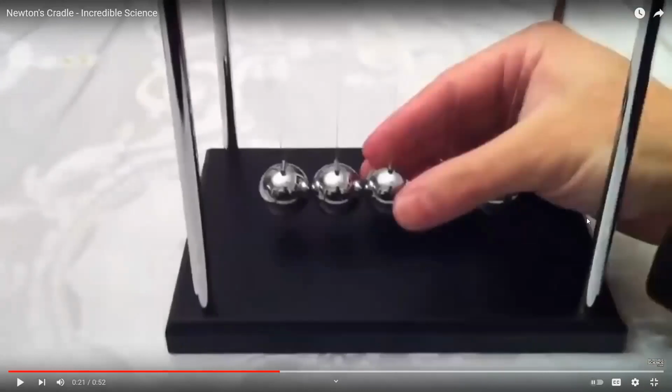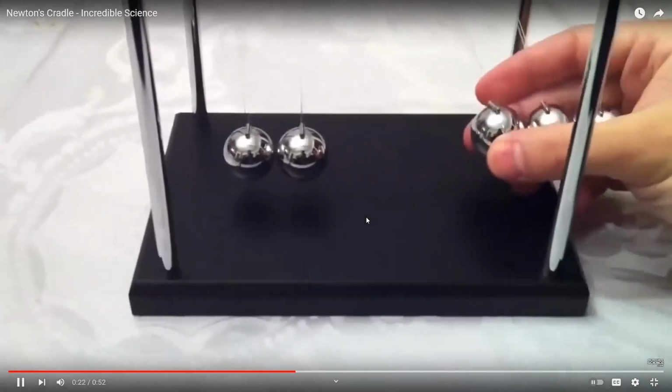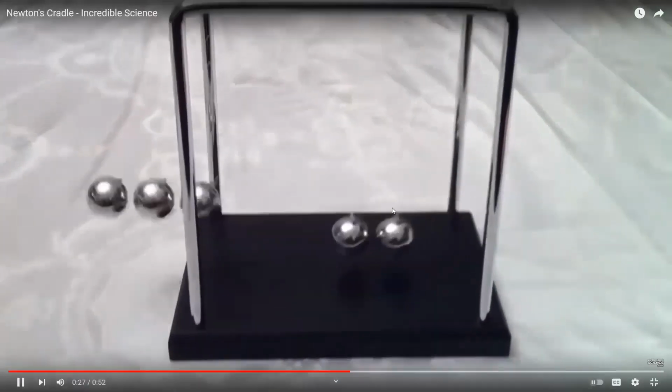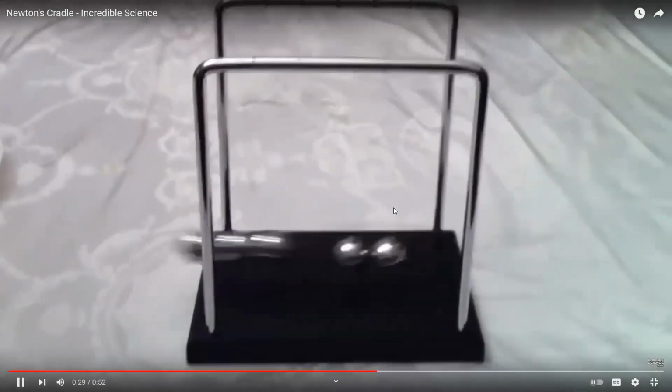Momentum before collision is equal to momentum after collision. That is what we call conservation of momentum. This is called Newton's cradle.